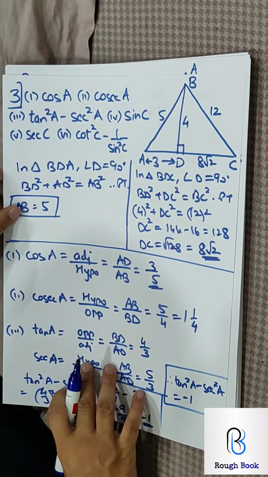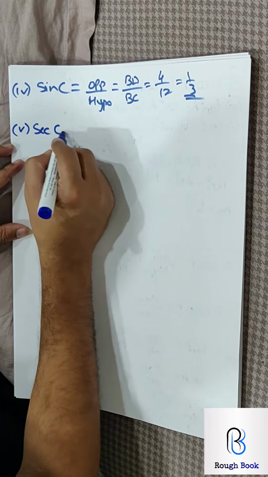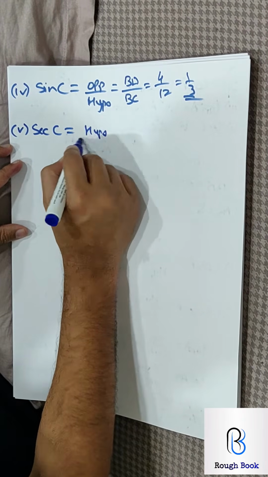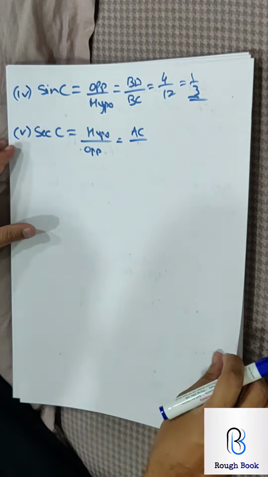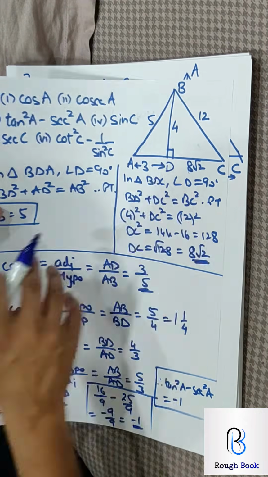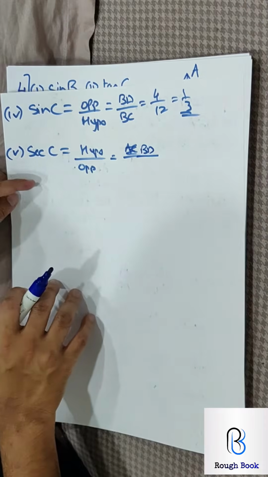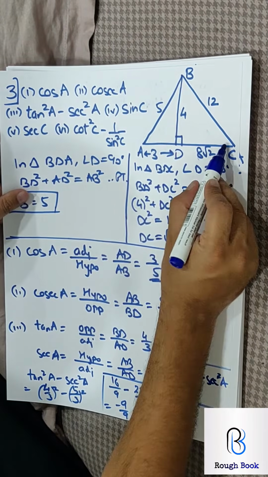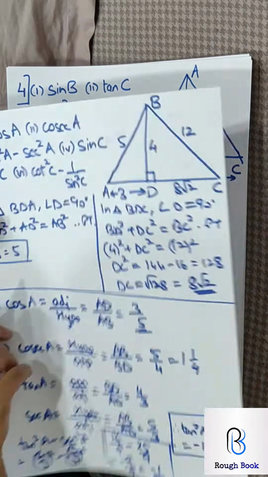The next part, sec C. So what is sec? Sec, hypotenuse upon adjacent. So hypotenuse we know is AC. I think so. Let me check. For C, the hypotenuse is BC. So my bad, hypotenuse is BC, and the opposite for C is BD. Hypotenuse I wrote BD.